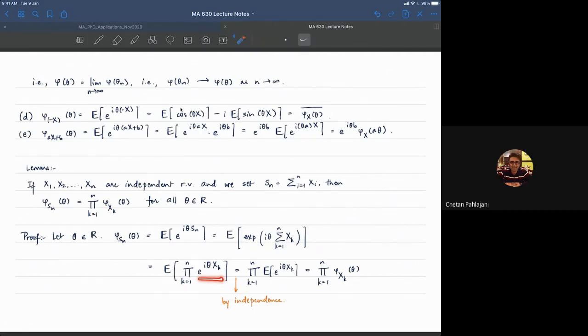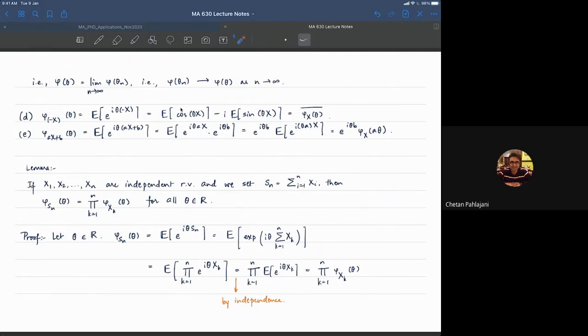And now is where you use independence. Up to this line, we have not used independence. Now we say that for k going from 1 through n, these terms are all independent. The first term is e to the i theta x1, the second term is e to the i theta x2, dot, dot, dot, and all these terms are independent. And you know that the expectation of a product of independent things is the product of the expectations, assuming, of course, both sides are finite.